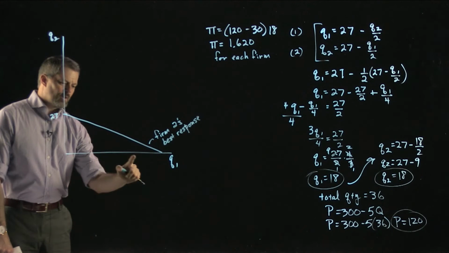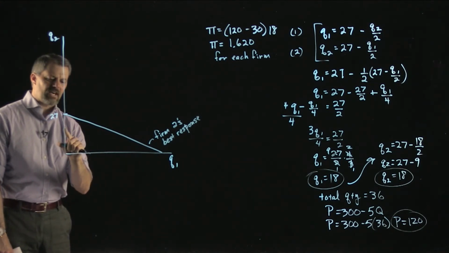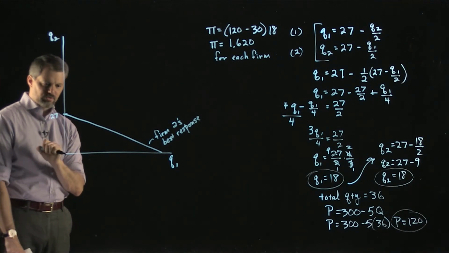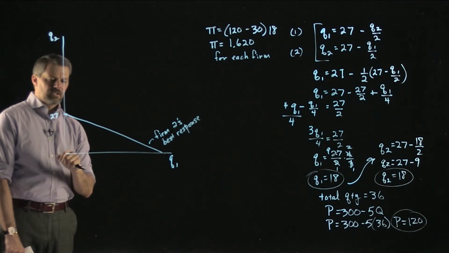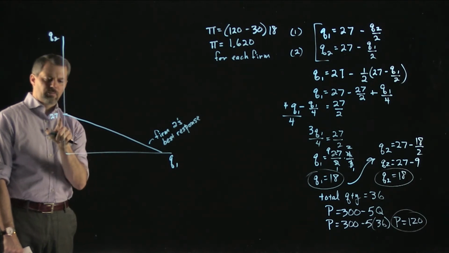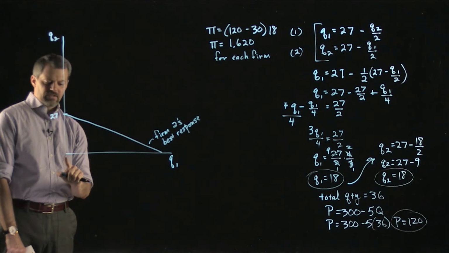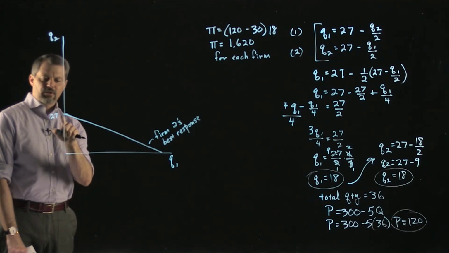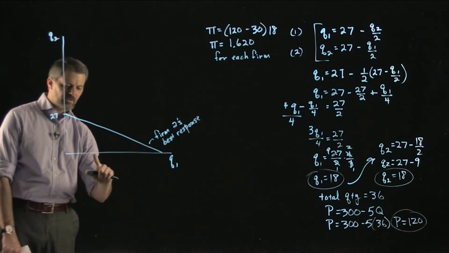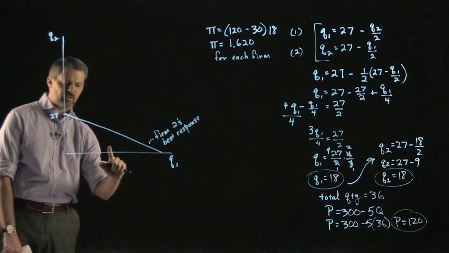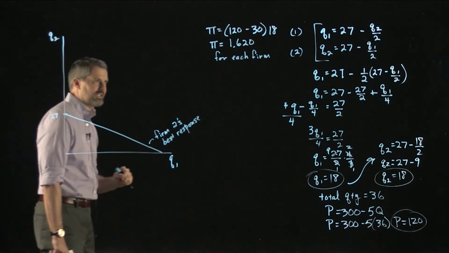Whatever quantity firm 1 chooses, we plug that into the best response function, and out of that gives us what firm 2 should produce in order to maximize their profit. If firm 1 were to produce 0 units, then firm 2 should produce 27 units. If firm 1 were to produce some number of units out here, we plug that in, and we see that firm 2 should produce something less than 27.